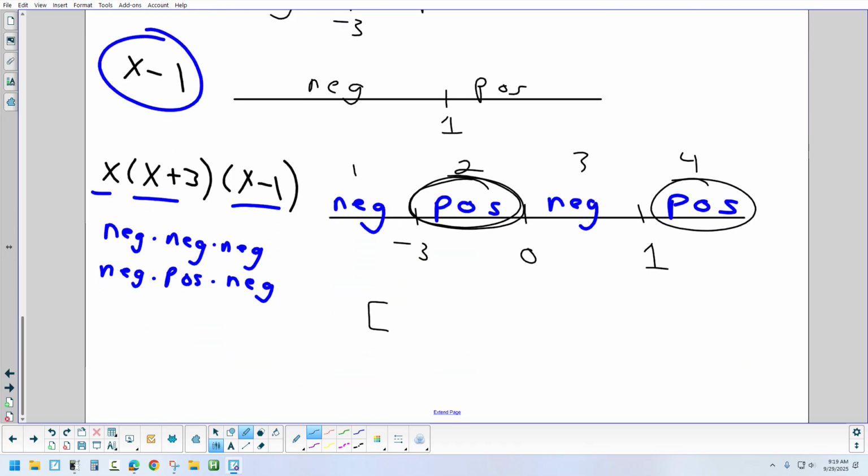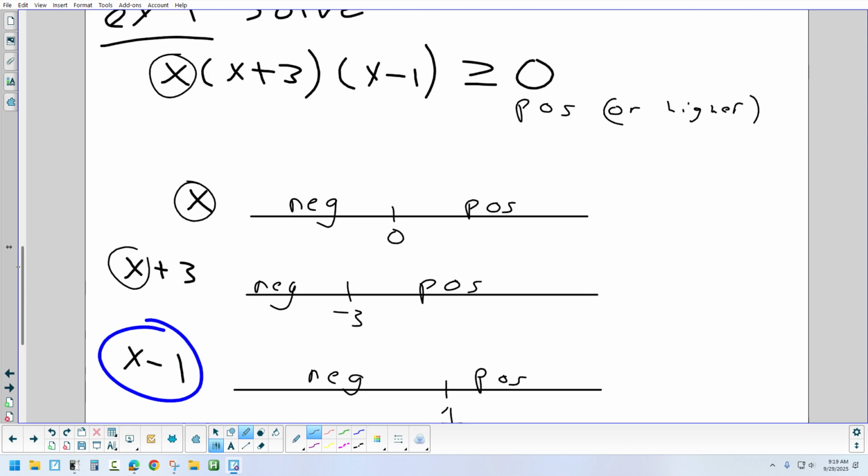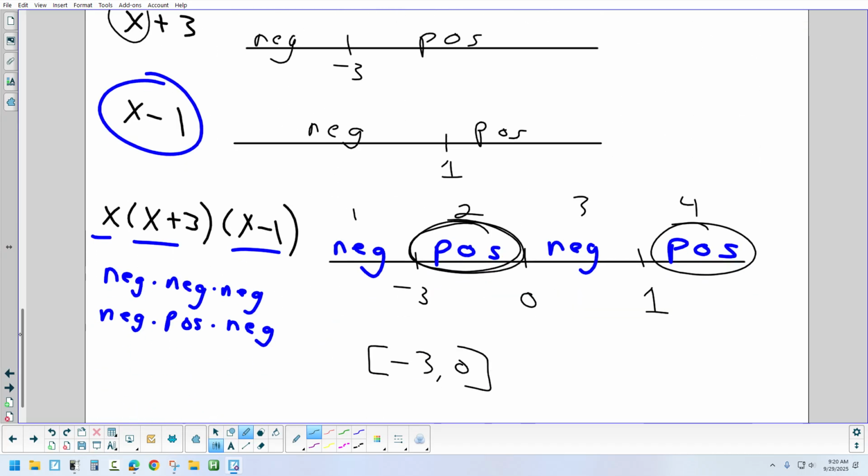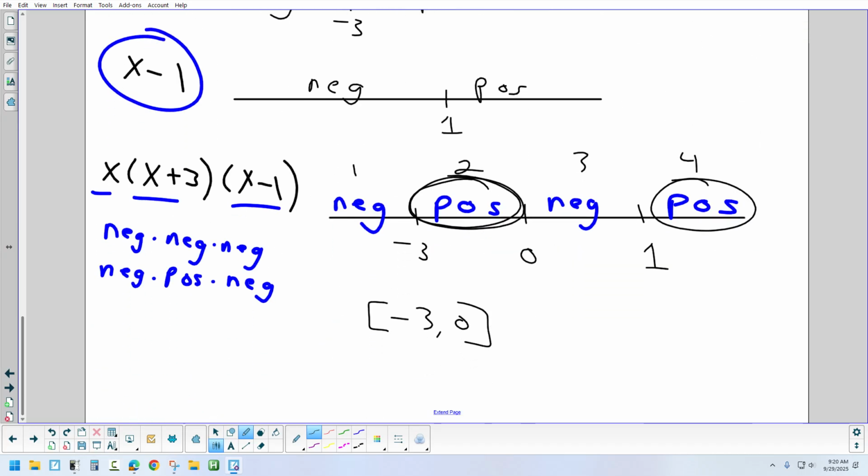So our first interval is from -3 to 0. And we can include that because there is an equal to under the inequality sign by the 0. Or how would we describe the other interval?